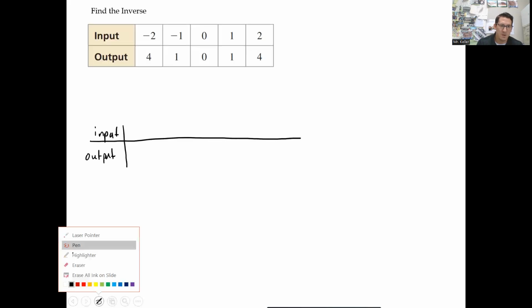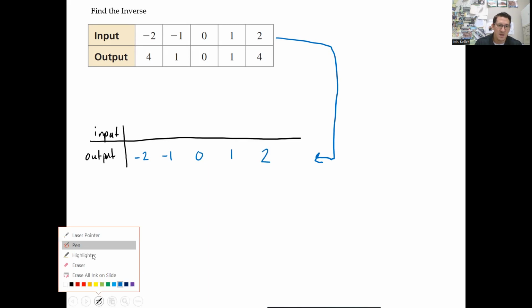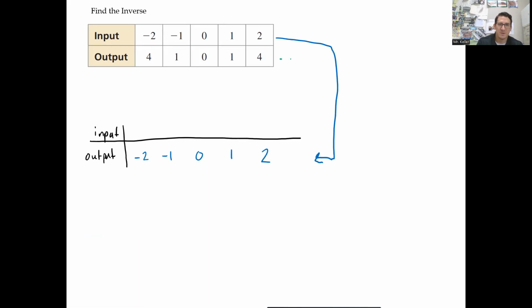Nope, not what I wanted. So these numbers are going to go down on the bottom here. So the inputs become the outputs. And then these numbers go on the top here. So 4, 1, 0, 1, 4. Make sure you line them up. I didn't put in the boxes, but it's lined up there.